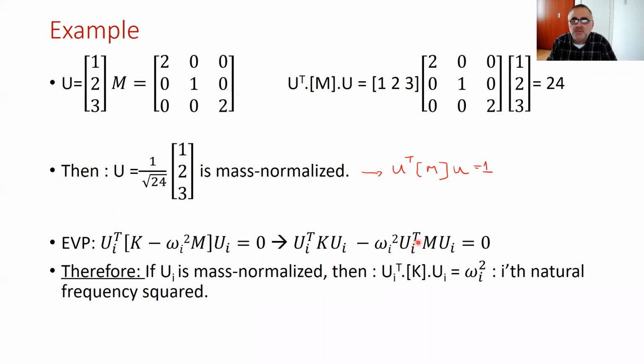So what are we left with? This is 1. So ui transpose K ui will be equal to omega i squared, which is the i-th natural frequency squared. So if ui is mass normalized, ui transpose K ui is omega i squared. This is one result. If you do things correctly, this is what you should get. This will be a scalar, and this scalar will be the natural frequency squared.